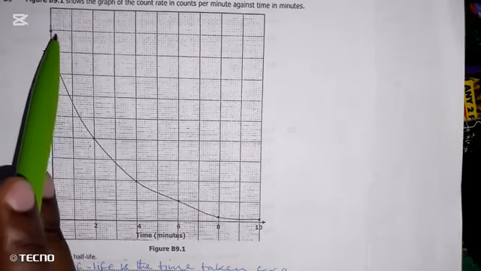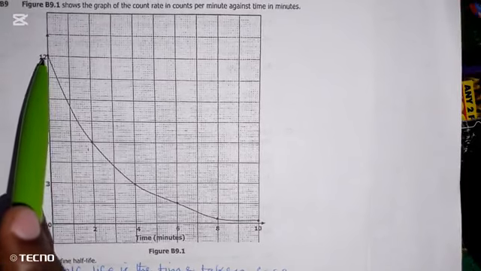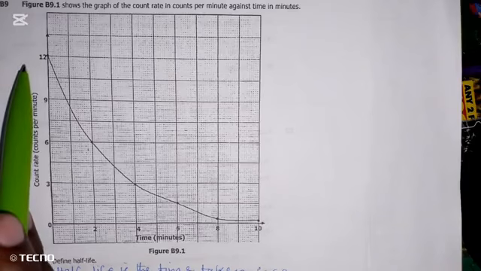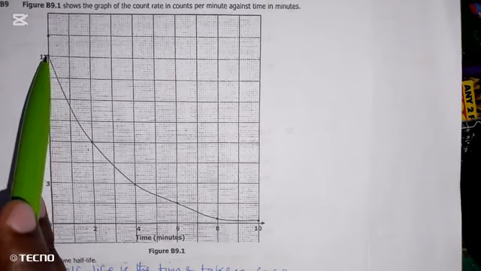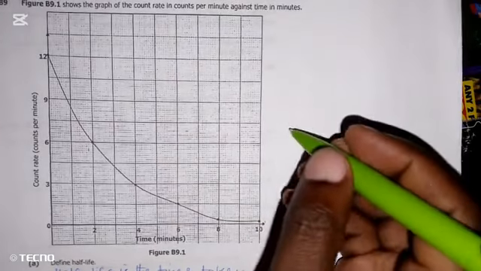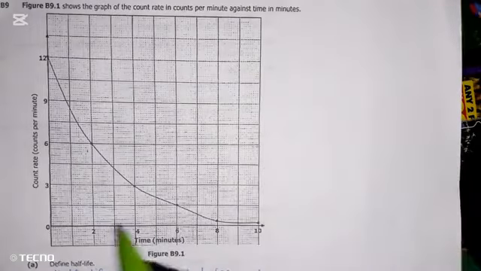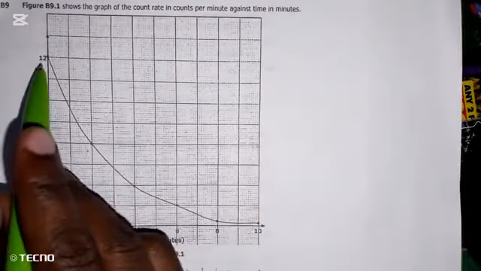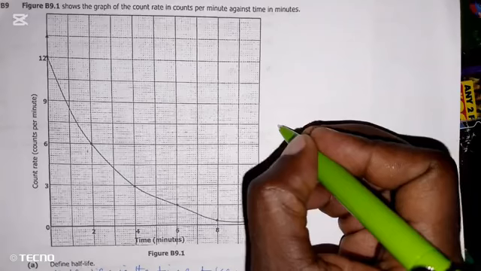So the starting count here is 12, and from this side we should be able to find the half-life. Half-life is half of what we have been given, so half of 12.